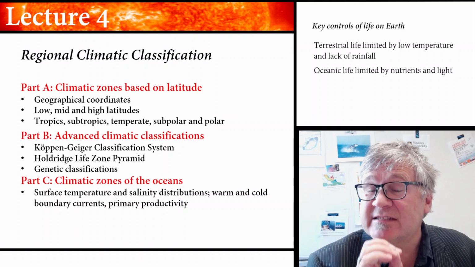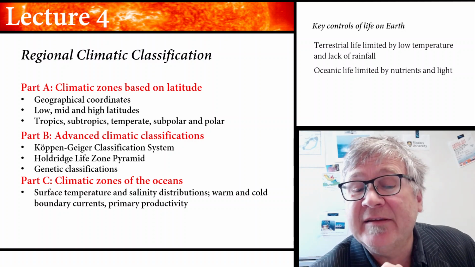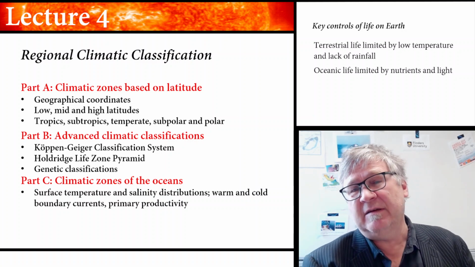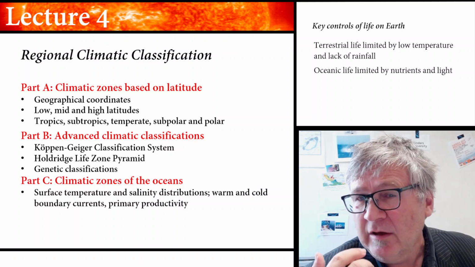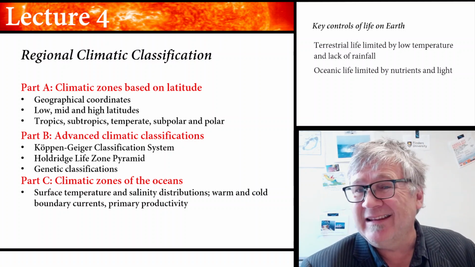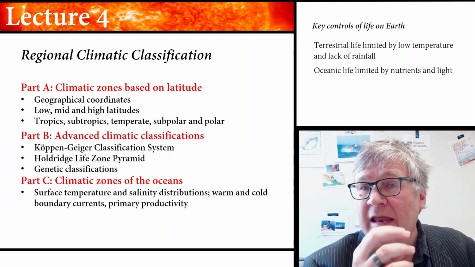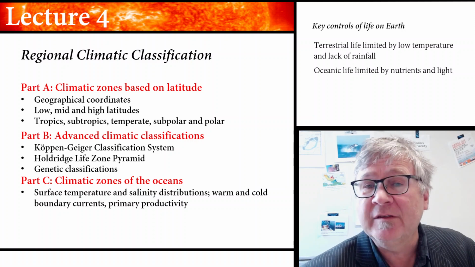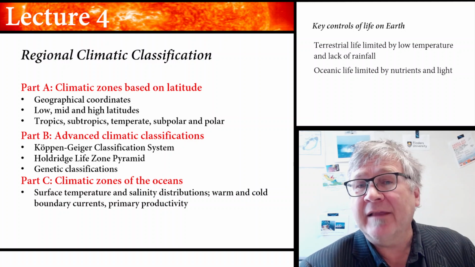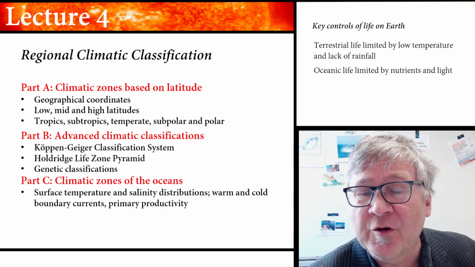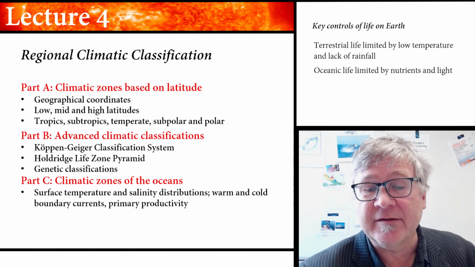In part C, I also want to discuss climatic zones of the ocean. But the ocean is completely different, in that oceanic life is actually more limited by light and by nutrient availability. Life forms in the ocean are different to life forms or vegetation zones or biomes on land.